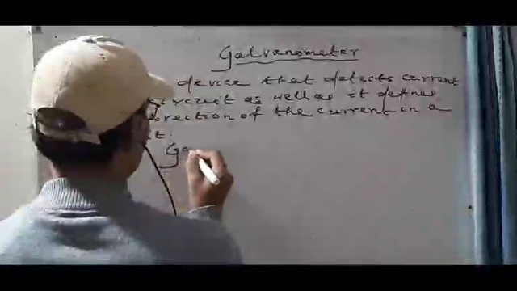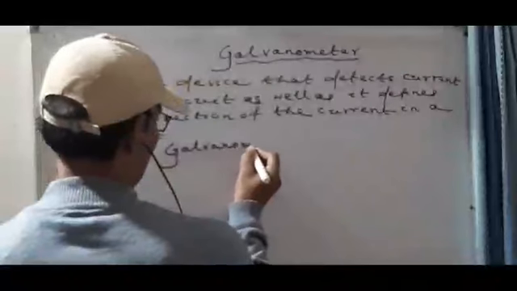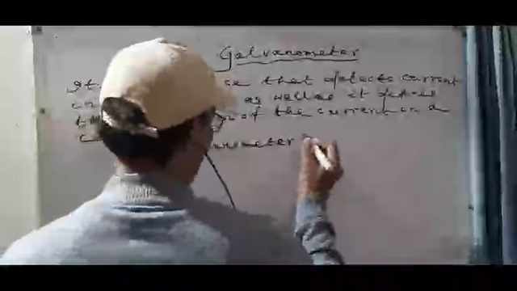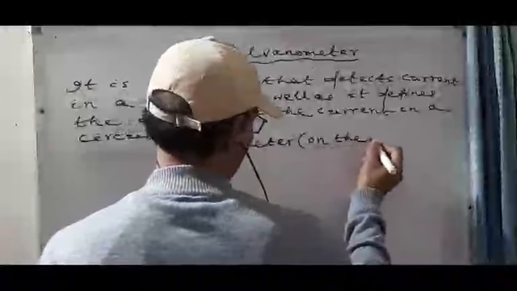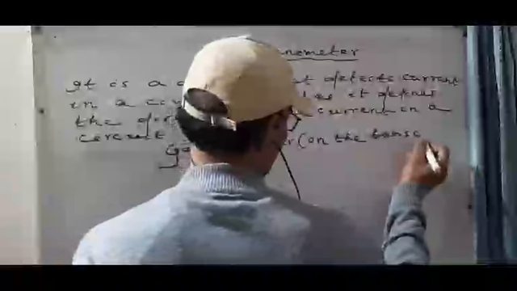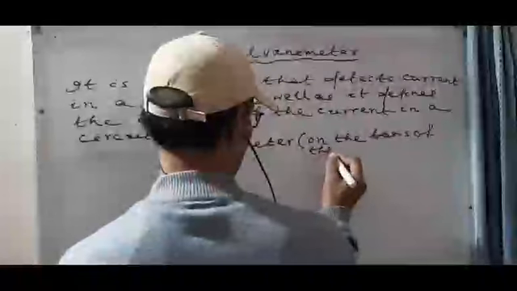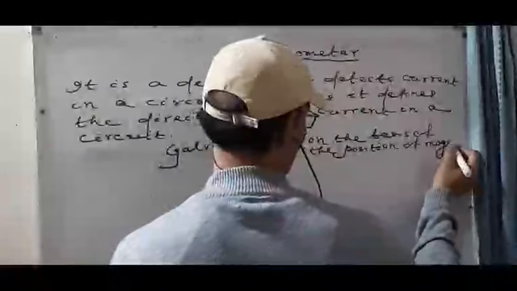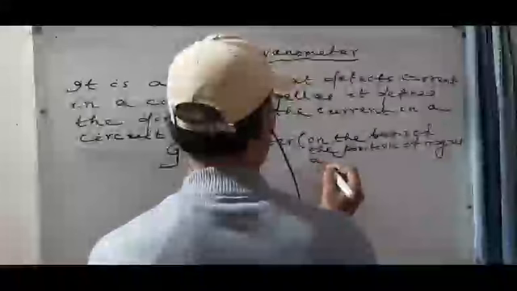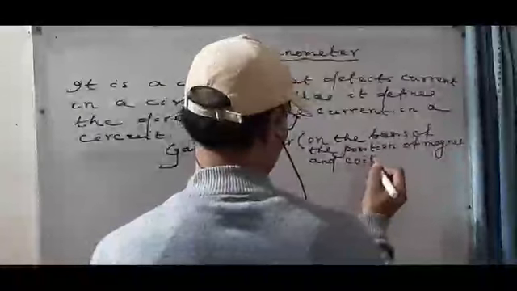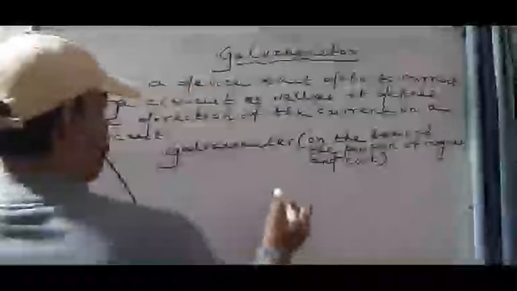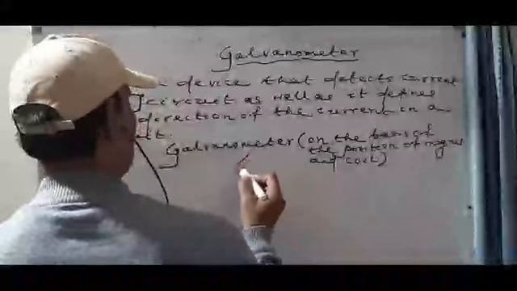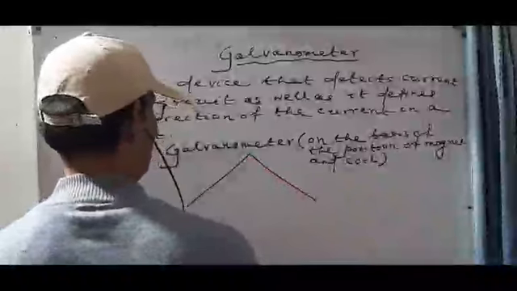Galvanometer, on the basis of the position of magnet and coil. So on the basis of the position of magnet and coil, galvanometer has two types.